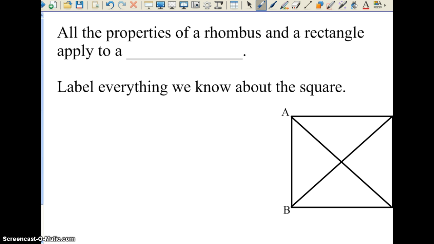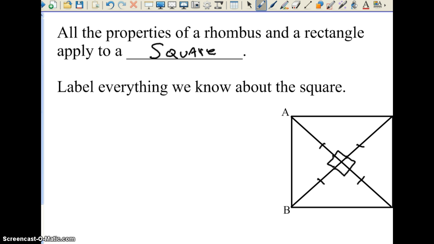All the properties of rhombuses and rectangles apply to a square. Because remember, a square is a rhombus and it's also a rectangle. Label everything we know about this square. Well, we know these things are 90. You know that these are all congruent because rectangles say the diagonals are congruent.